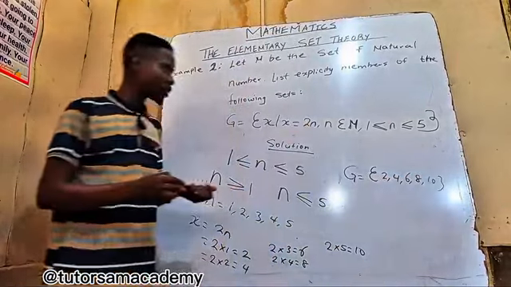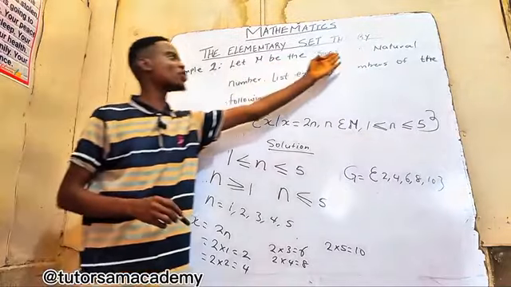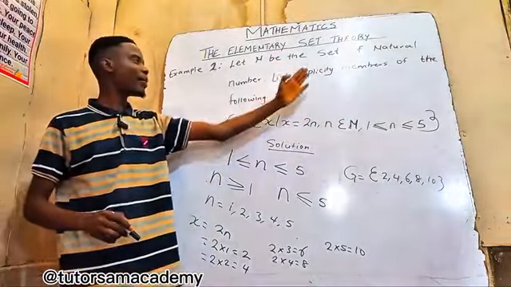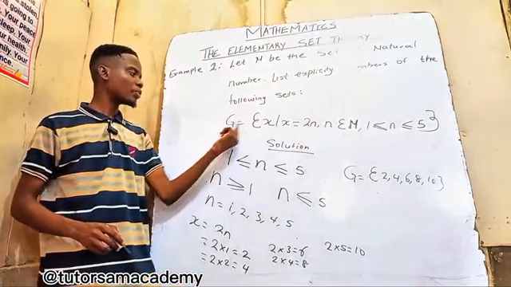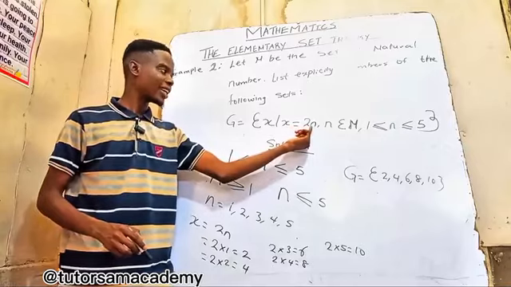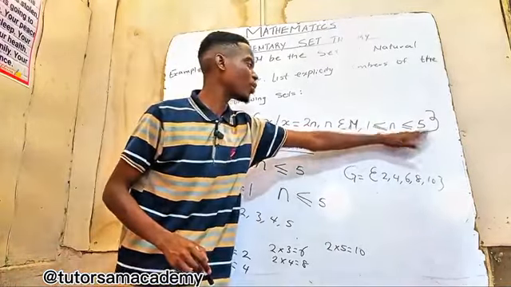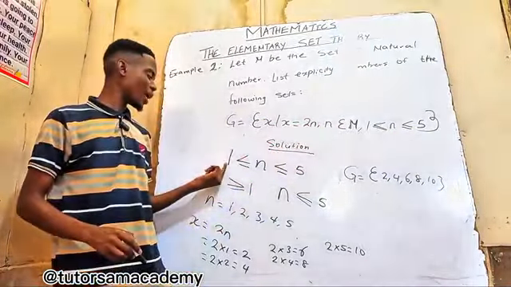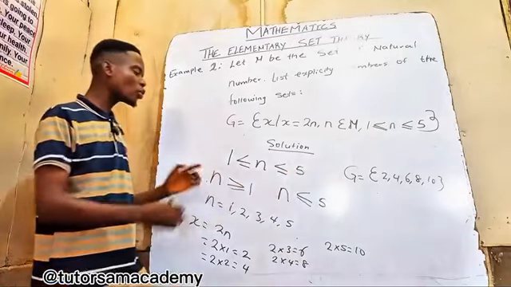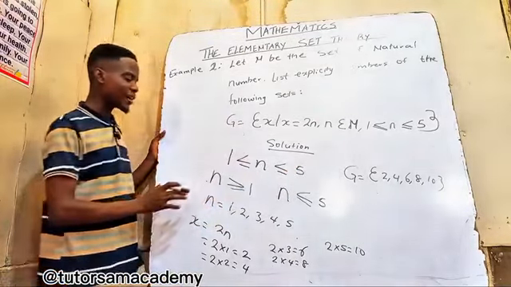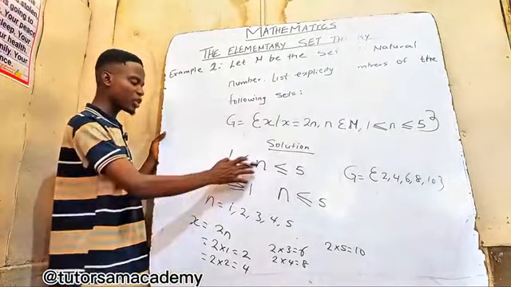Let me come again. The question said that let N be the set of natural numbers. List the members of this set: x belongs to G, x is equal to 2n, and this is our description of n. They describe n as 1 less or equal to n less or equal to 5. For me to know what n is, I will start the inequality with n.